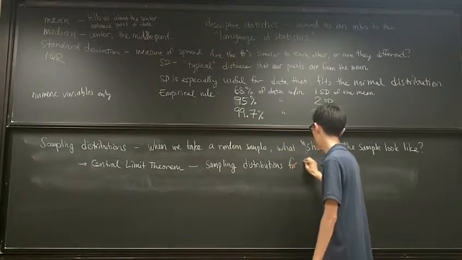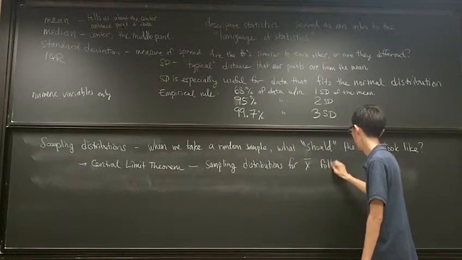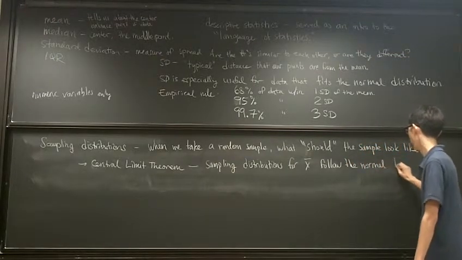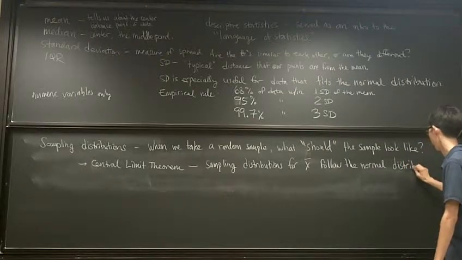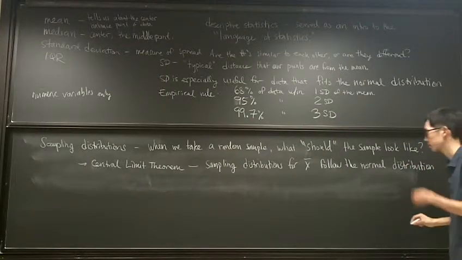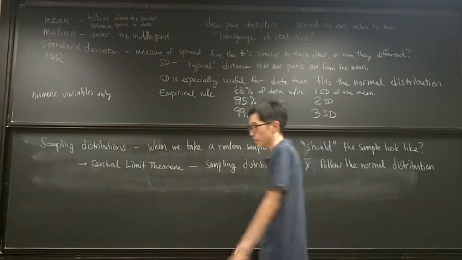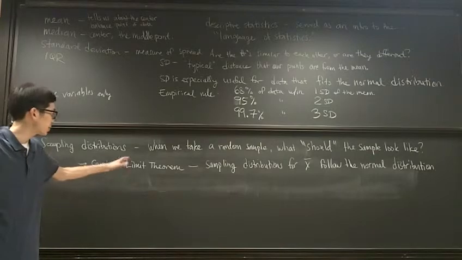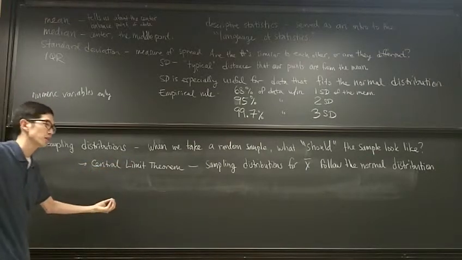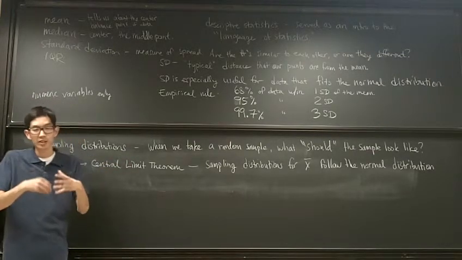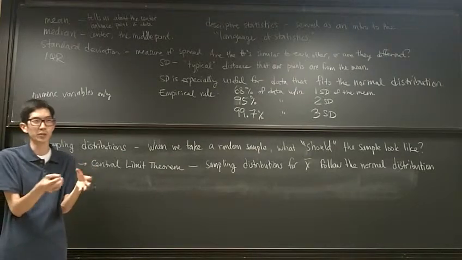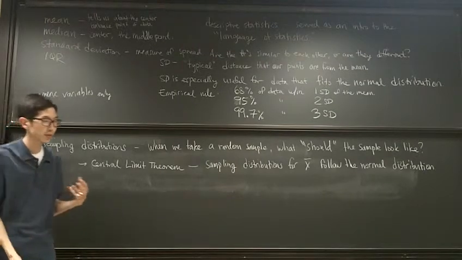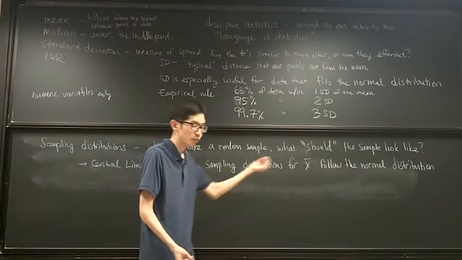Well, sampling distributions for X bar followed the normal distribution. Because we studied sampling distributions and we had an idea of what, anytime we take a sample, it, quote, should look like, we were then able to use this knowledge to start making conclusions.